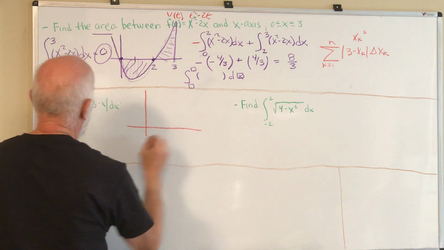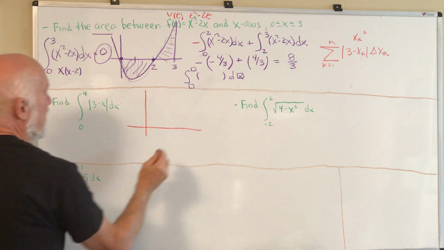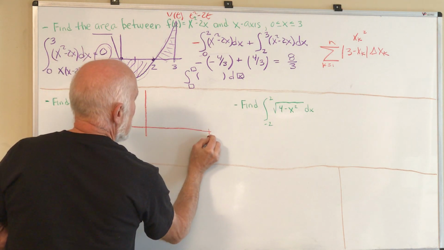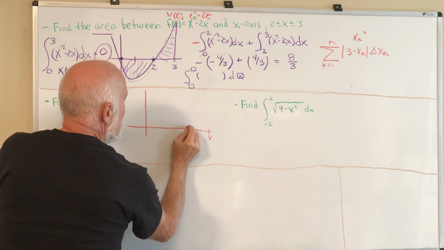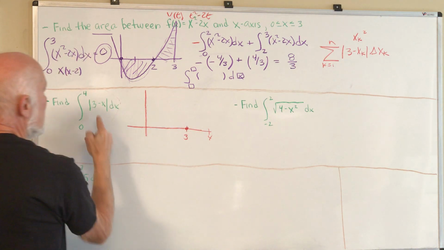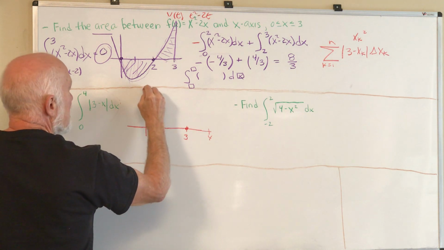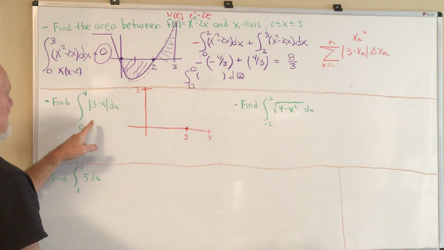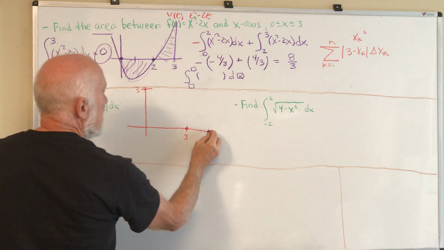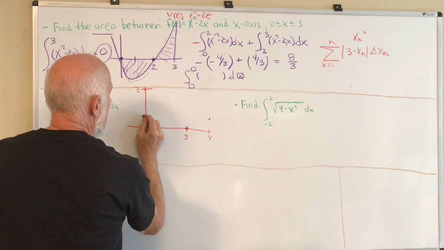What does it look like from 0 to 4? Well, we know at 3, it's equal to 0. And at 0, it's equal to 3. And then at 4, it's equal to 1.